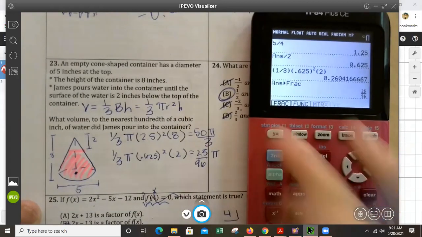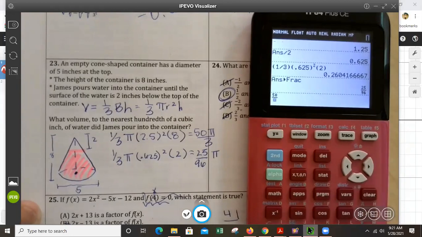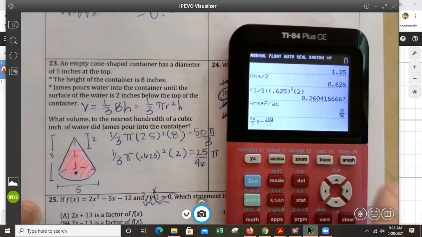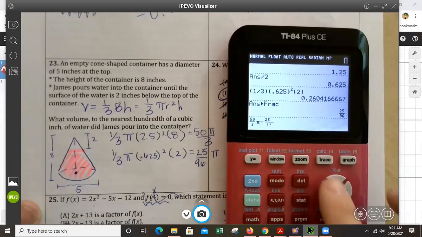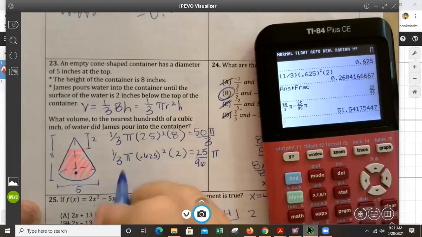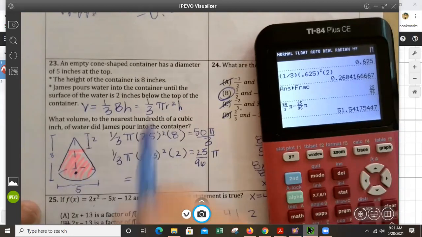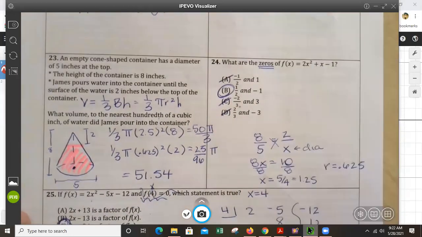So the volume equals, this one, like I said, this is why I made it last, 50/3 pi minus, what did I say, 25? Yeah, 25/96 pi. What volume to the nearest hundredth? 51.54. Any questions?